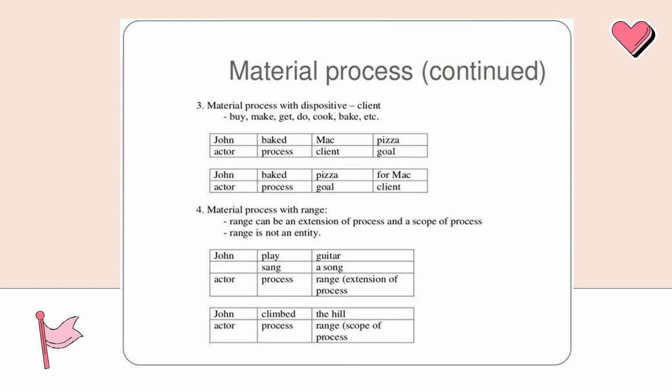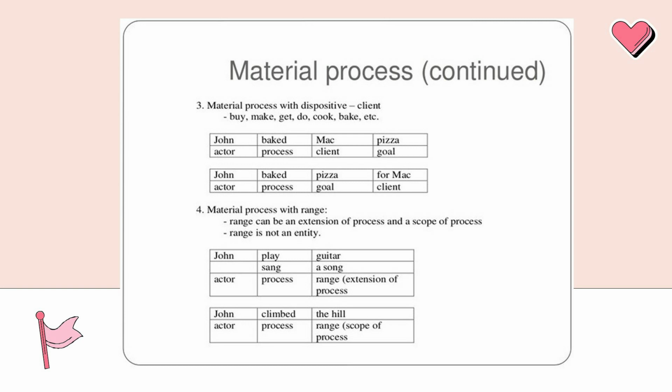Okay, the next one is material process with dispositive, and the examples are cook, buy, make, get, do, bake, and others.